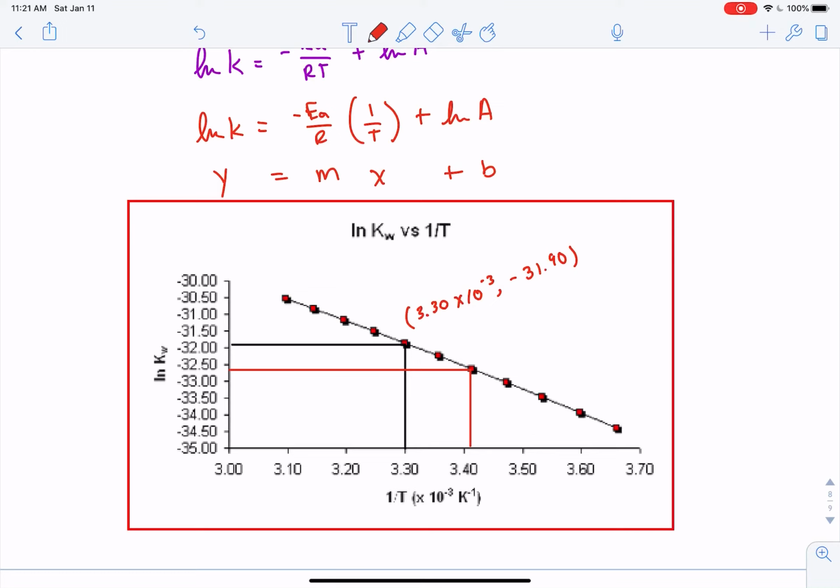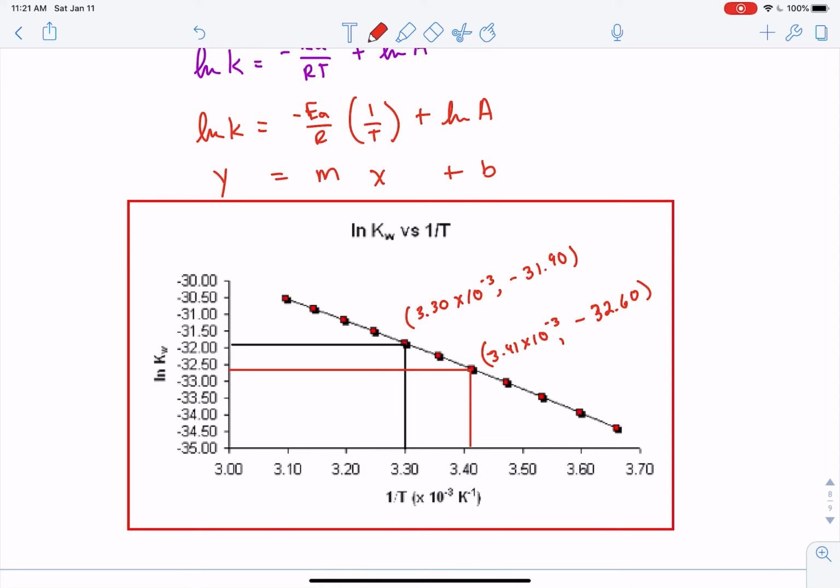This point right here is, let's say, 3.41 times 10 to the negative 3, comma, negative 32.60. We'll say that.